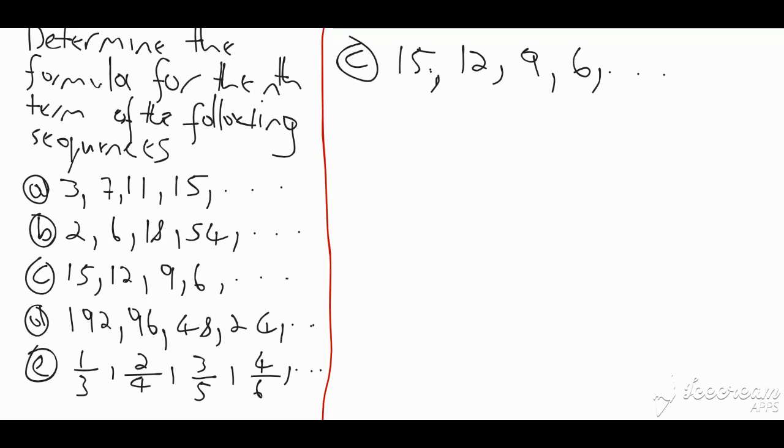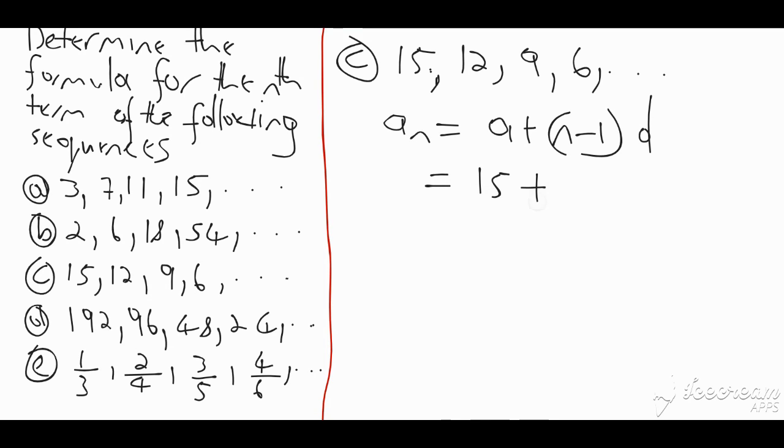So let us start by writing down the formula. an is equal to a plus n minus 1 times d. Here my first term is 15 plus n minus 1, and here my common difference is negative 3. But I can't just put minus 3 here because it's going to appear as if I'm subtracting 3. So probably I could put times negative 3.